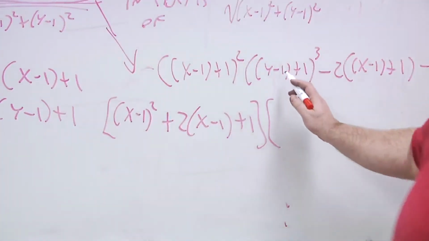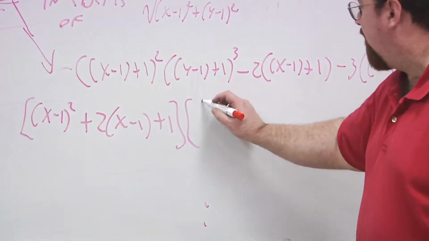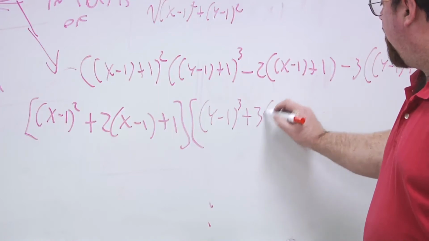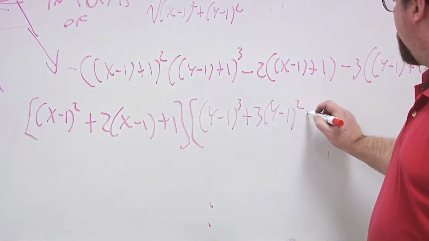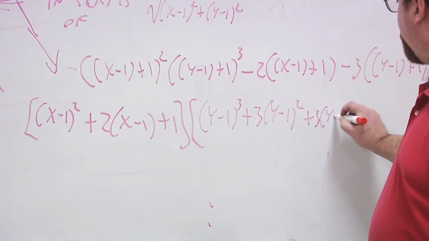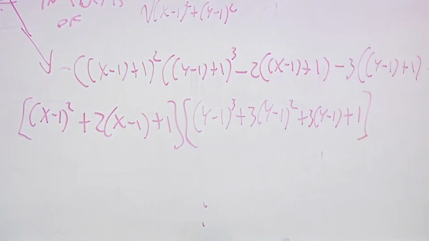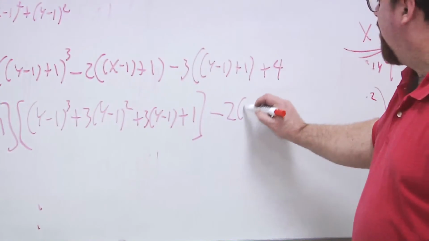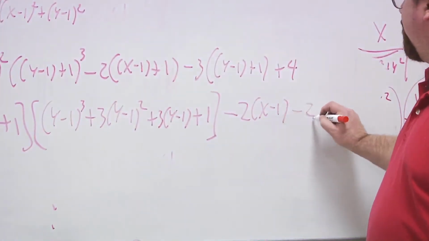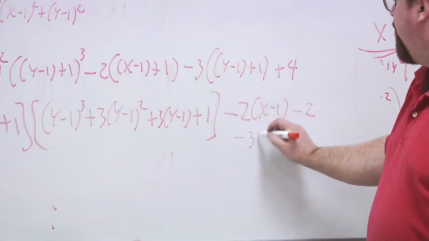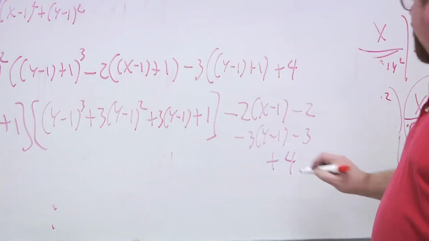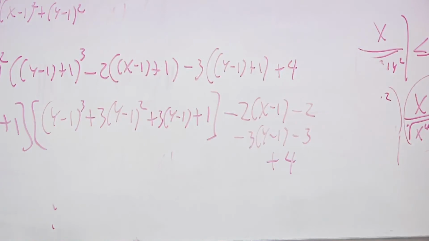And then we cube this part. It's going to get even uglier. (y minus 1) cubed plus 3(y minus 1) squared plus 3(y minus 1) plus 1. And then we have minus 2(x minus 1) minus 2 minus 3(y minus 1) minus 3 plus 4. So now everything's written in terms of x minus 1 and y minus 1.